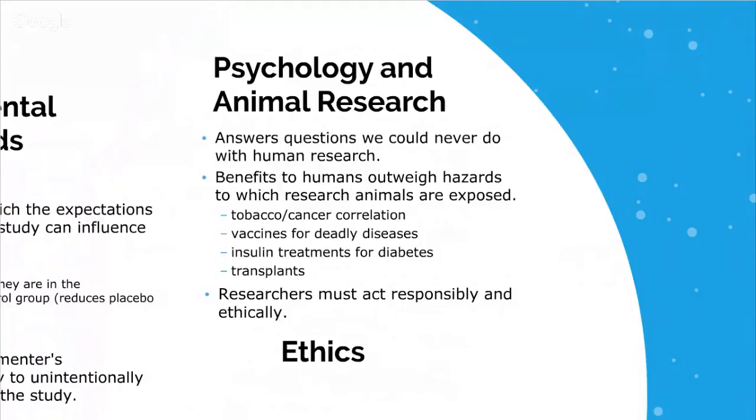Animal testing on polio vaccines was the reason that we have cured polio. None of you have polio, and nobody has had polio in the United States in a very long time due to the experiments conducted on animals through the polio vaccine. Insulin treatments for diabetes as well, and transplants.